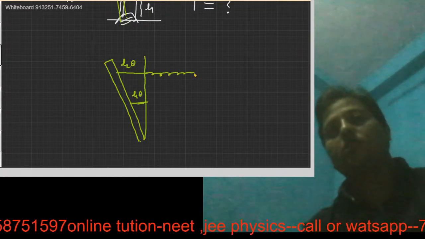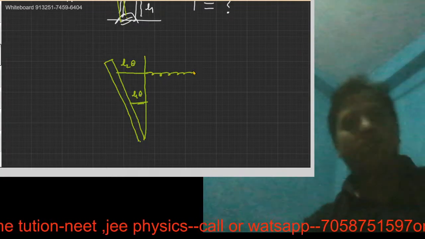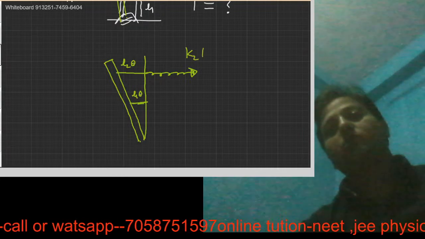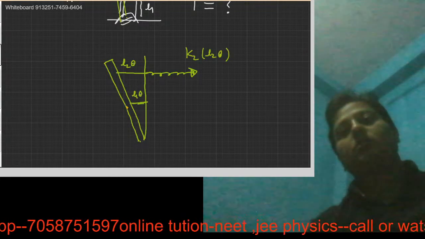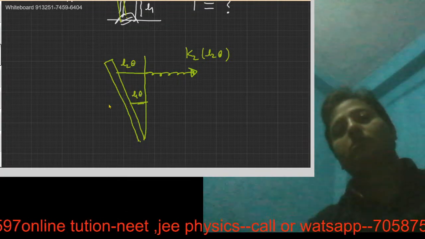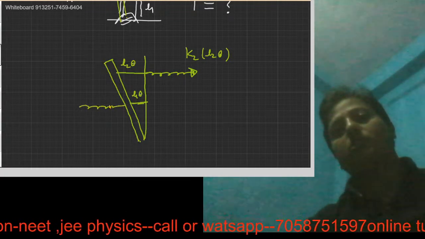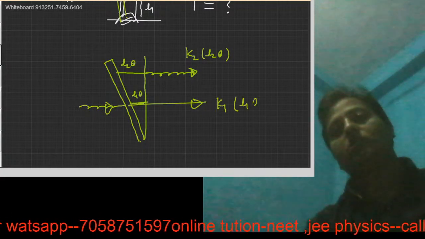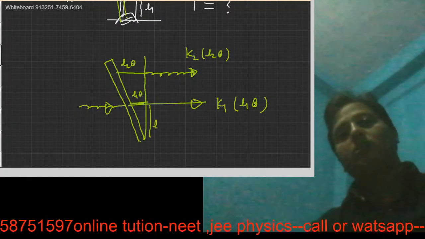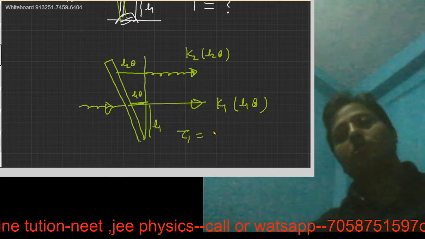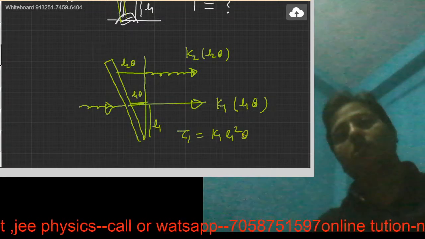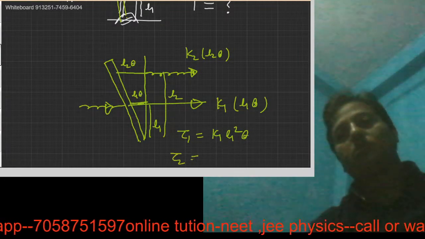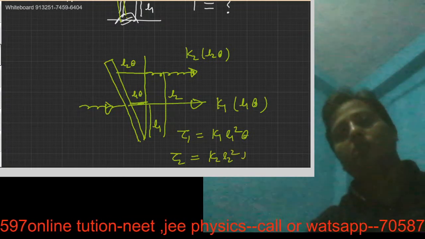The second spring generates an extension force K2 into L2 into theta, and the first spring is compressed, so this spring generates in this direction a force that is K1 into L1 theta. This distance is L1, so torque 1 is K1 L1 square theta, and this length is L2, so torque T2 is K2 L2 square theta.